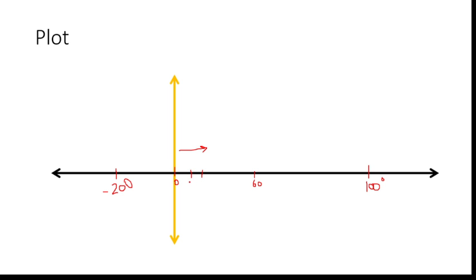Here this is 30 degrees, and the middle of this is 80 degrees. Now if you are plotting this graph, 20 plus 100 is 120.